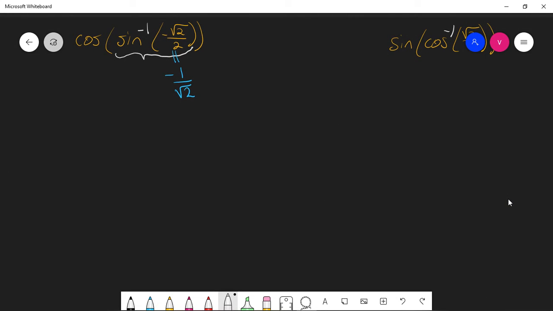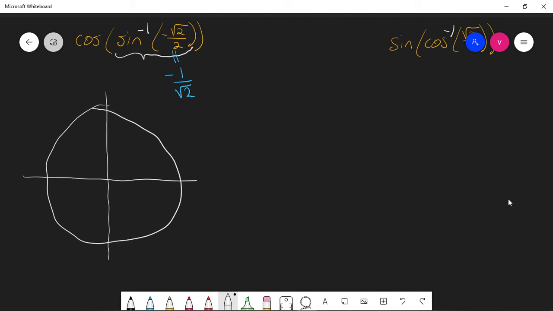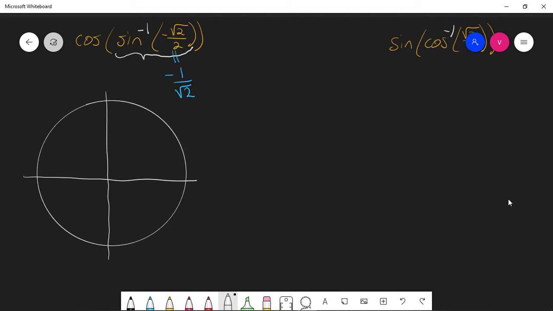So let's draw a circle. Not a very nice circle, sorry about that. Let's see if I can draw a better one. There you go. That looks good. So sine inverse is restricted either from 0 going this way into quadrant 1, or from 0 going backwards into quadrant 4.